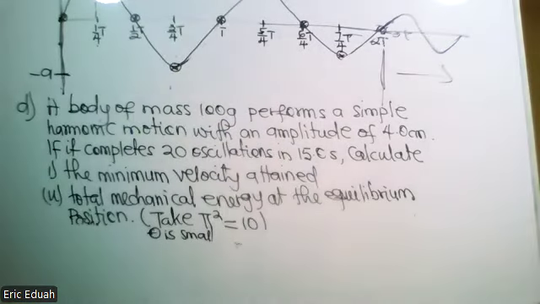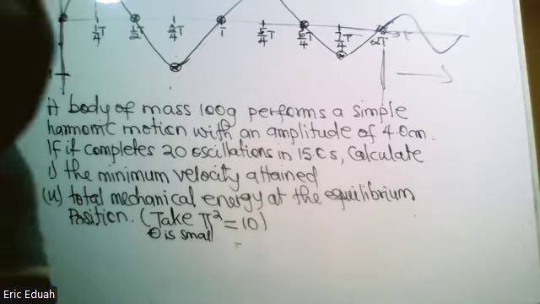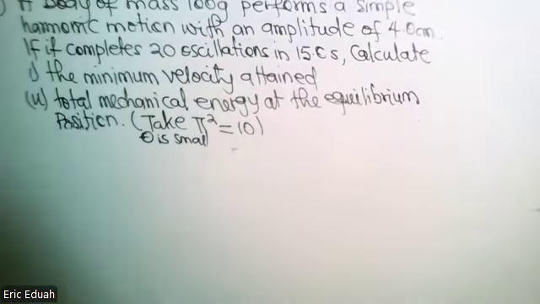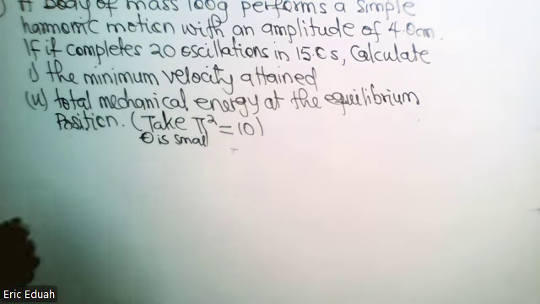And then the total mechanical energy obtained at the equilibrium. We won't even waste time. The minimum velocity of an oscillating body is always 0, because it occurs at the extreme, and at the extreme the displacement is equal to the amplitude.